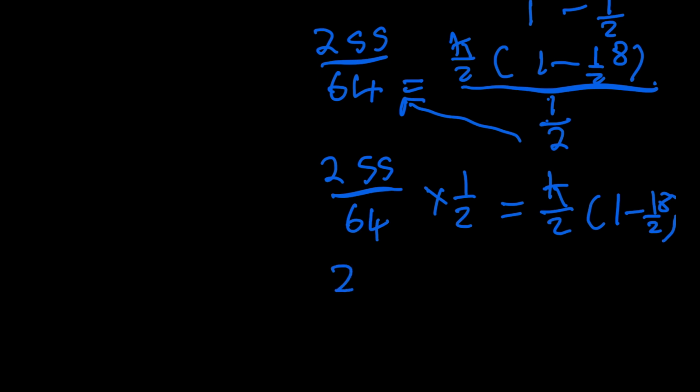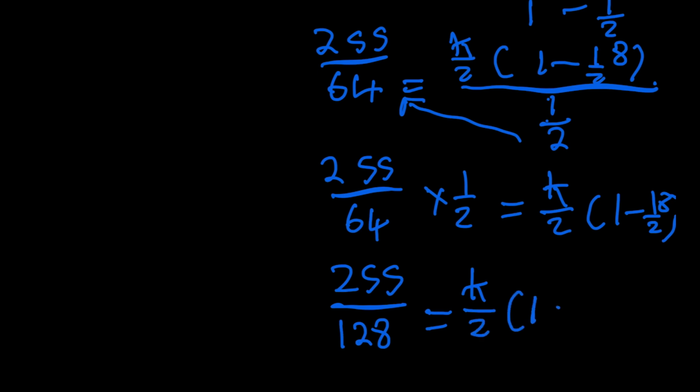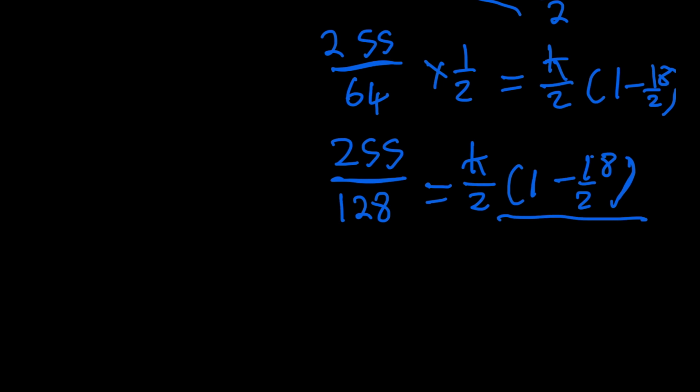So we have 255 over 128 is equal to K over 2 multiplied by 1 minus 1 over 2 to the power of 8. Since this is a numerical value, we don't have any variables whatsoever, we can actually calculate it. So it's 255 over 128 equals K over 2 times the bracket.